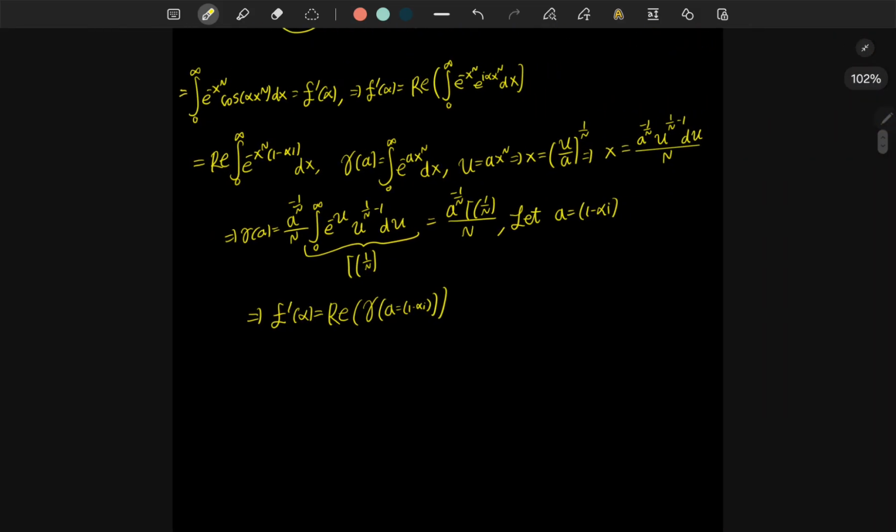I hope you can see where this is coming from, because we have our little gamma of a equaling that. And if we plug in a equaling 1 minus alpha times I, and then take the real part, we would get back our original f prime of alpha. This is true.